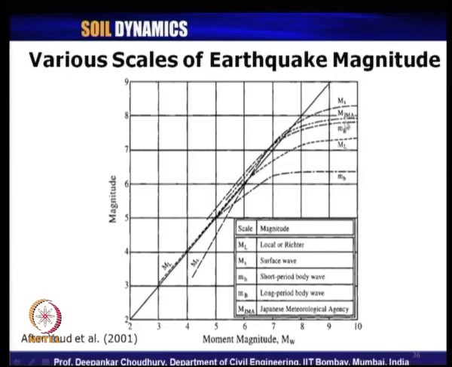So, various earthquake scales have been mentioned here and their relation with respect to moment magnitude. It is given in the Ude et al. 2001 paper. So, you can use this if you have been given any other scale of earthquake magnitude, to convert it to moment magnitude, so that you can do your liquefaction analysis properly.